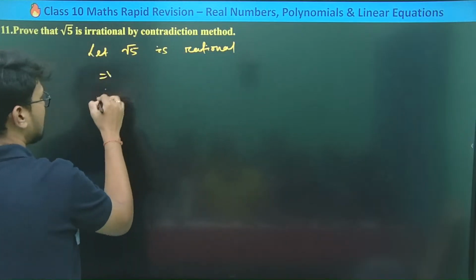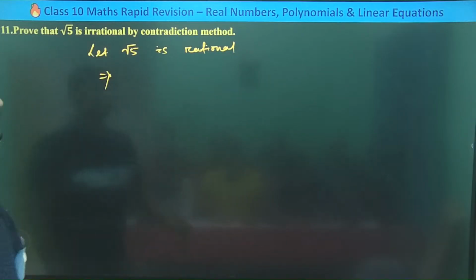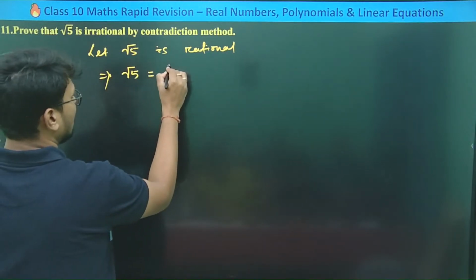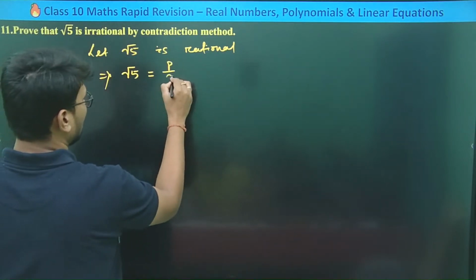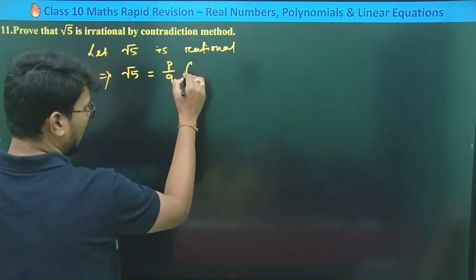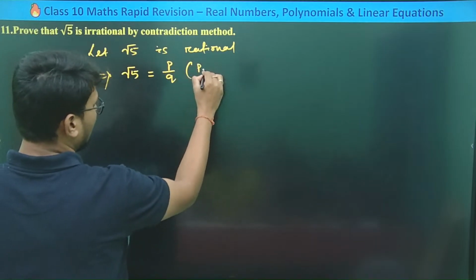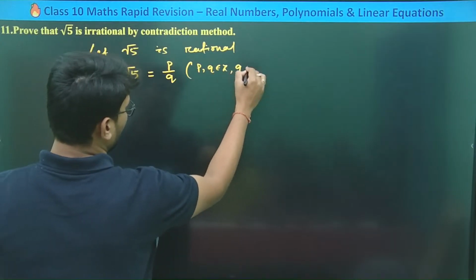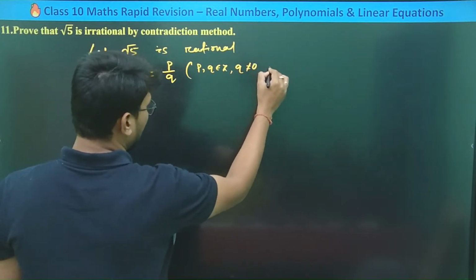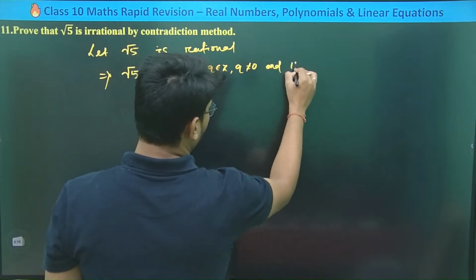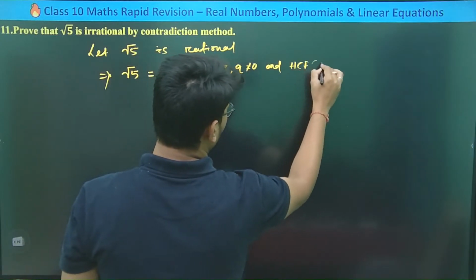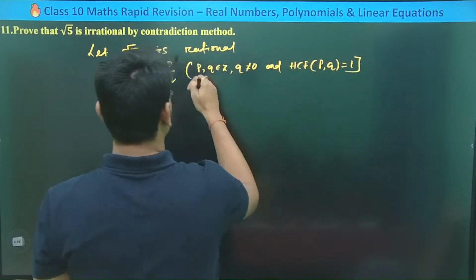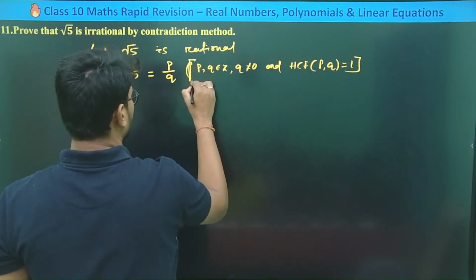Which implies what? Root 5 is equal to a by b, p by q, you can use anything. Where p and q belong to Z, q is not equal to 0, and HCF of p, q equals 1.